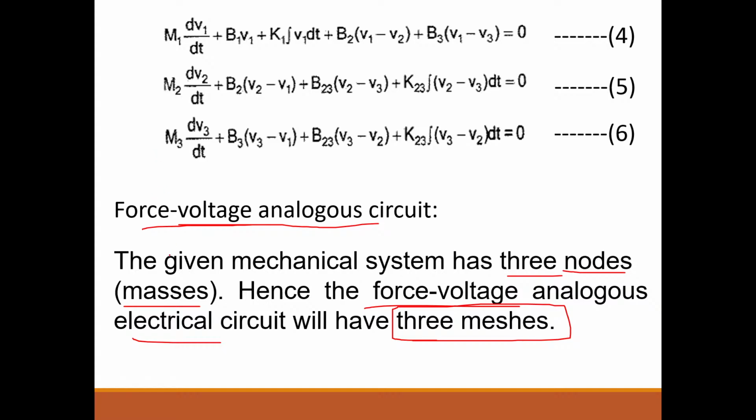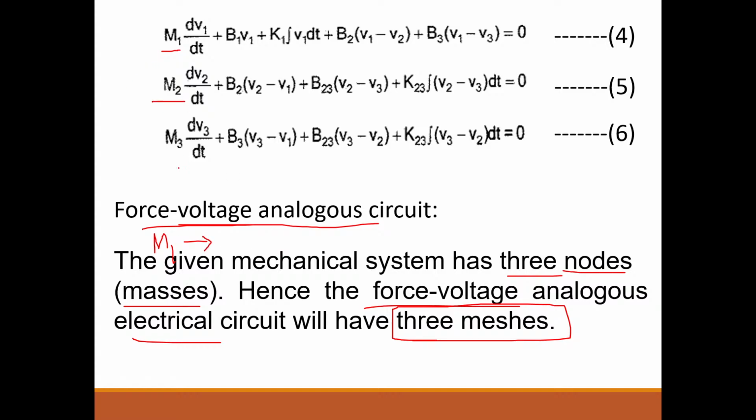Now, since we have to write the electrical analogous elements for the elements of the mechanical system, first of all, just copy down all the elements of your mechanical system. What are all the elements in your mechanical system? The elements are M1. So write M1, put an arrow mark and leave it.